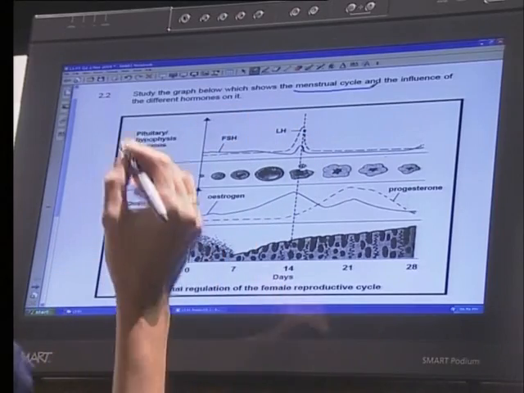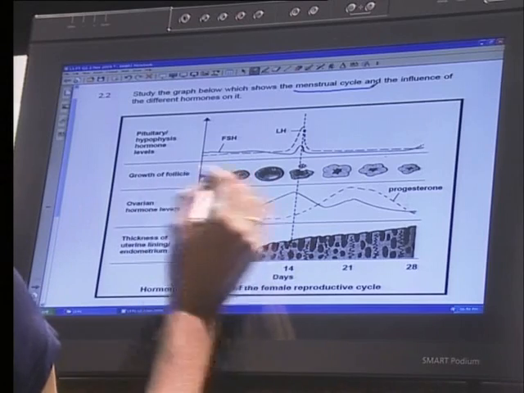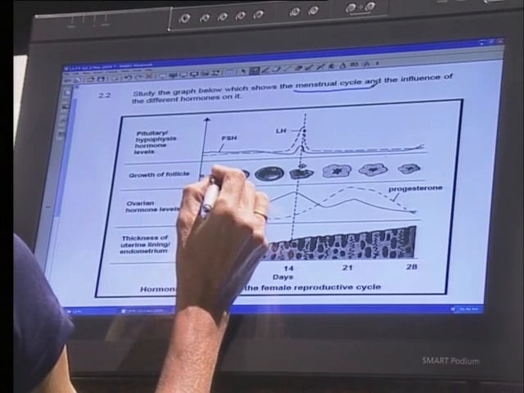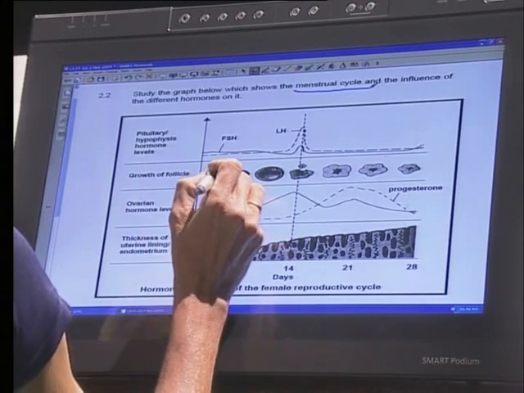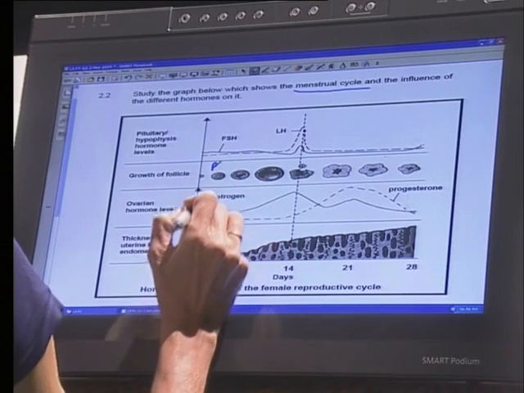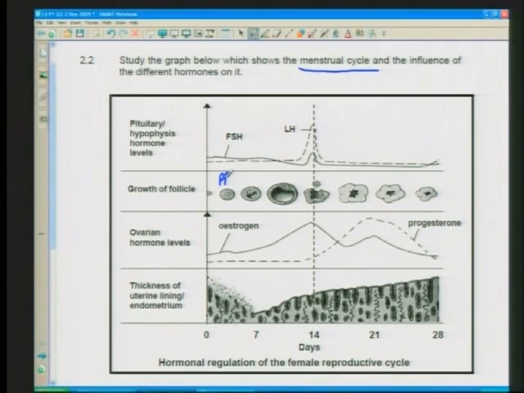Your follicle stimulating hormone is going to ensure that the follicle develops. If you look at this diagram, this is your primary follicle. It develops into a secondary follicle. This is the Graafian follicle.